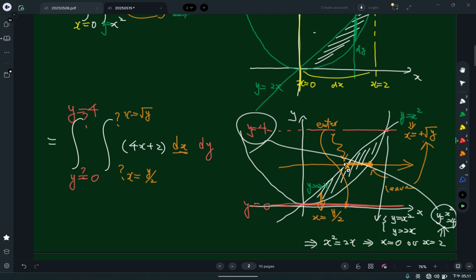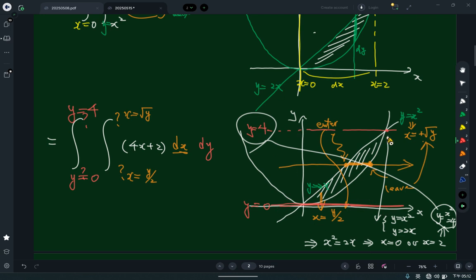Then we need to make sure which point is the entering point, which point is the leaving point. Then change from the original y is equal to blah blah blah x into x is equal to blah blah blah y, because this time we will go for x first. Then after that, we just collect following the y direction. y is from 0 to 4.